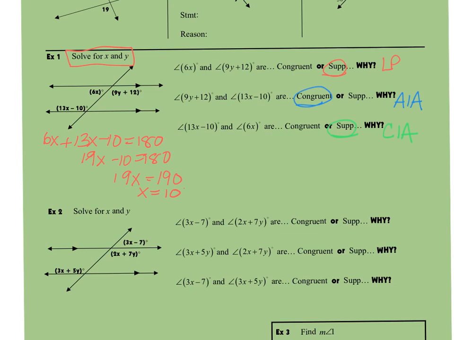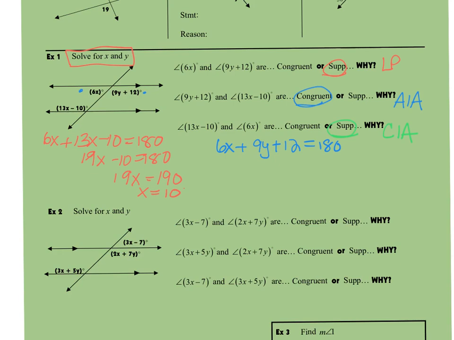And if we now look at the relationship between the 6x here and the 9y plus 12, those are linear pairs. So if we take 6x plus 9y plus 12, that should equal 180. But we know that this x is 10.